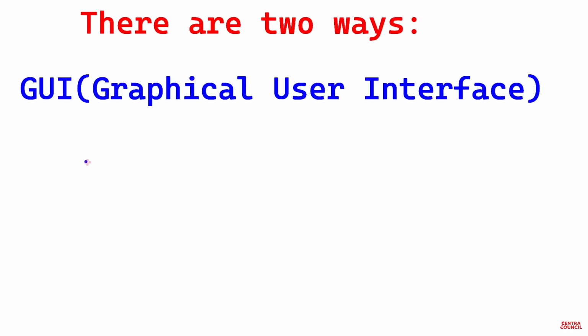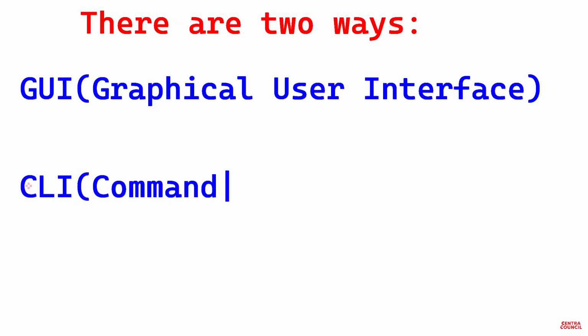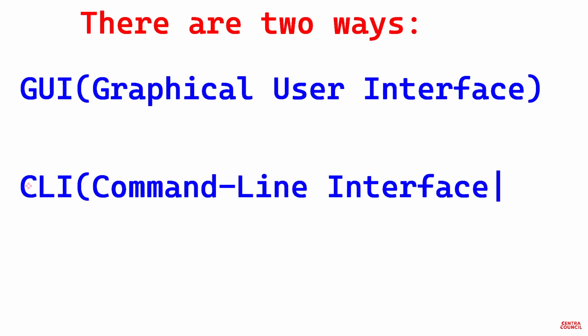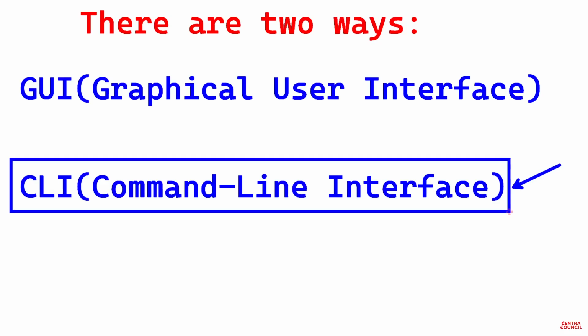And the other way is called the CLI. Now this CLI stands for the command line interface. So this is the second way you can also interact with your computer, but in this case it's only professionals, or should I say technical people, who actually use this method to interact with the computer.